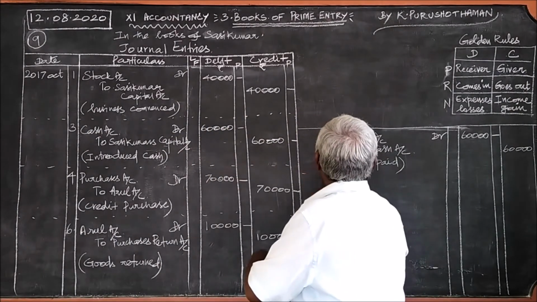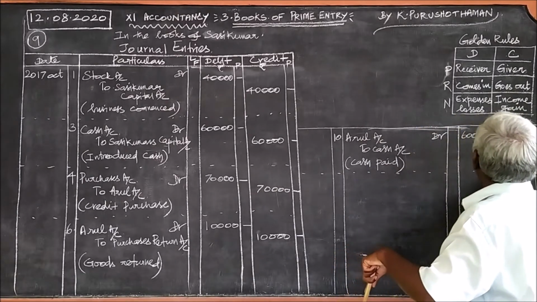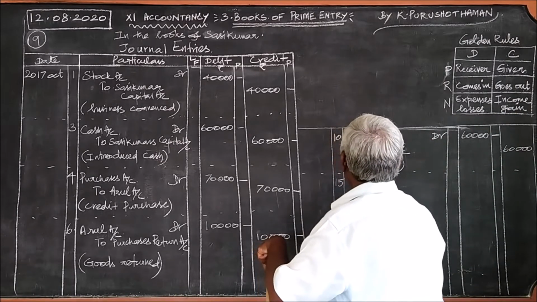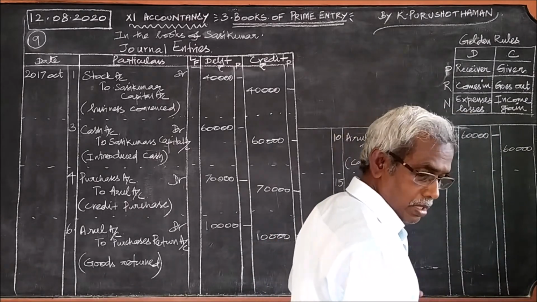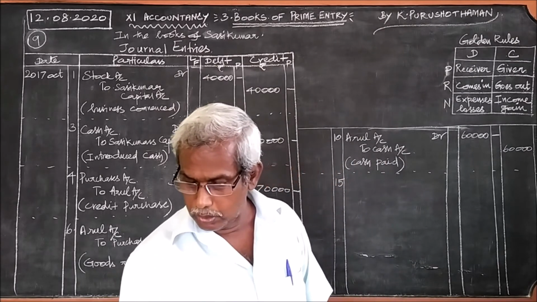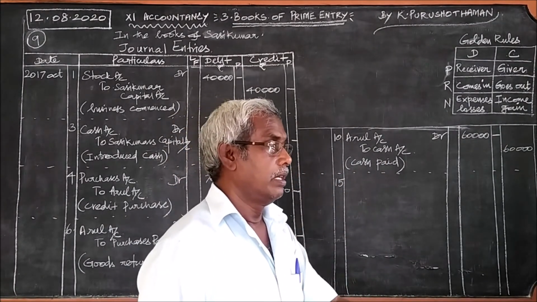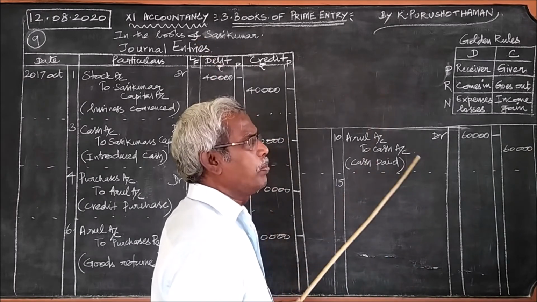On 15, leave a line. On 15, sold goods to Chandar on credit. Then when we sell the goods, there are two possibilities.